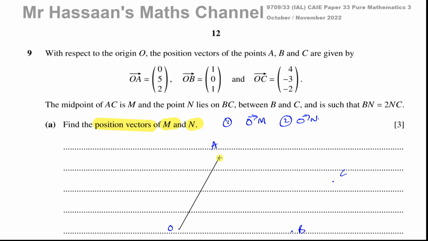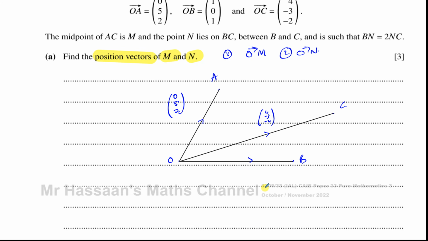So that's O to A, that's O to B, and this is O to C. This is the position vector of A, 0, 5, 2. This is the position vector of C, 4, negative 3, negative 2. And this is the position vector of B, which is 1, 0, 1.